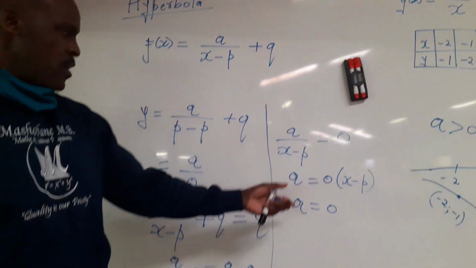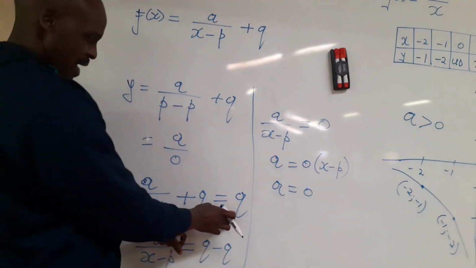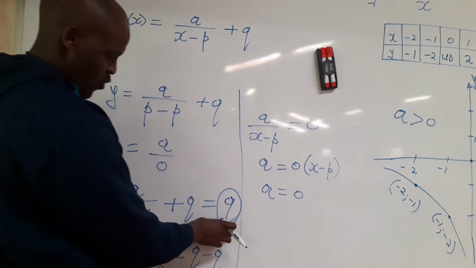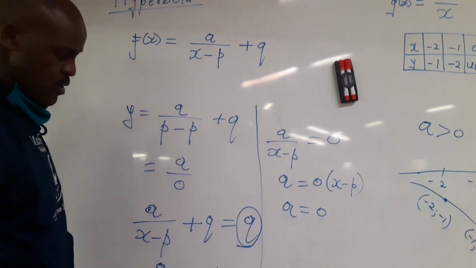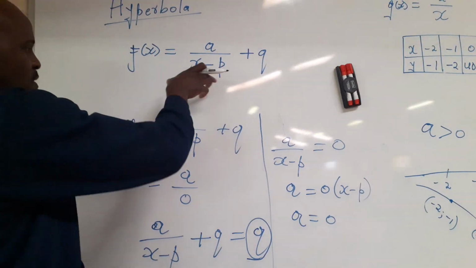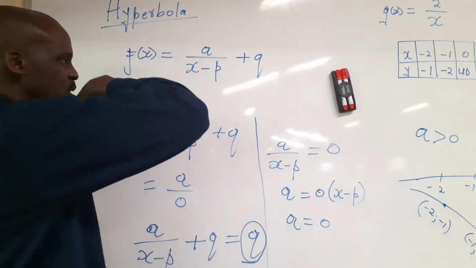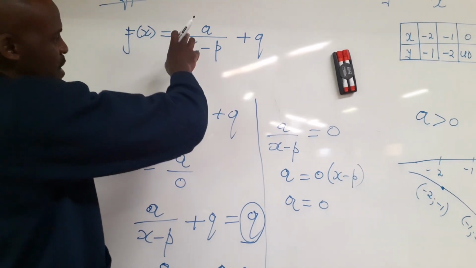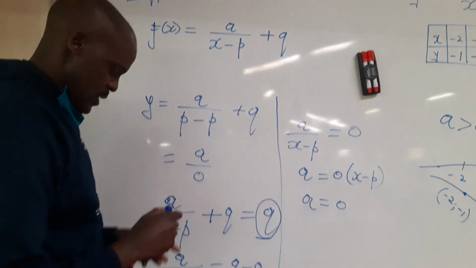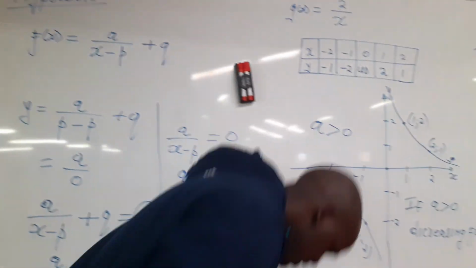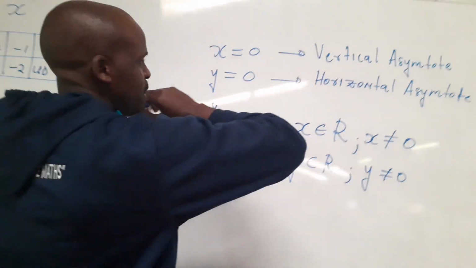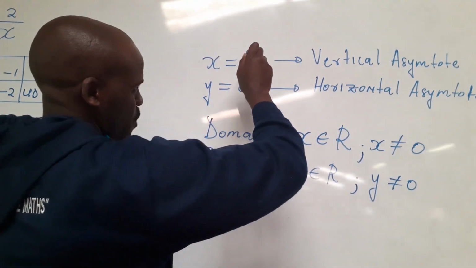Therefore, we have let y be q. So if y is equal to q, the hyperbolic function won't exist. If x is equal to p, the hyperbolic function won't exist. Right. Here, we said x is equal to 0.